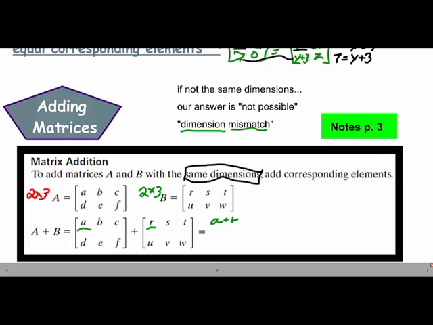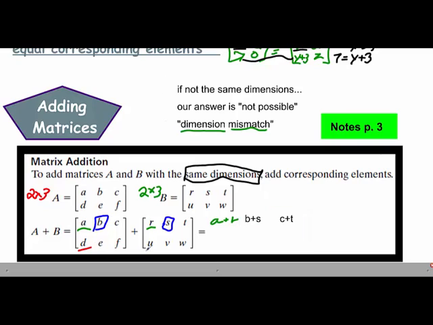The element that's in location 1, 2, first row, second column, is B, and in the second matrix it's S. To add those together, we're simply going to add B plus S. First row, third column, in the first matrix is C, and we're going to add it to the same element in the second matrix, T: C plus T. We'll complete this with every single one of our elements.